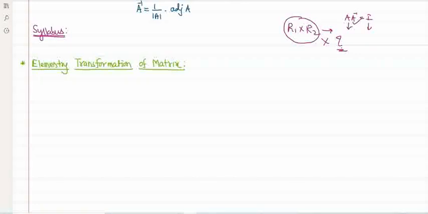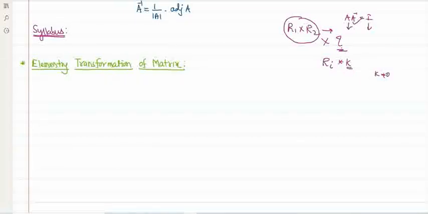Krishna says multiplication of any row or column by a non-zero scalar quantity. So this is an elementary transformation. Suppose first I recall it for the row. Ri is the row; any row you can multiply by a non-zero scalar k, where k is not equal to 0.